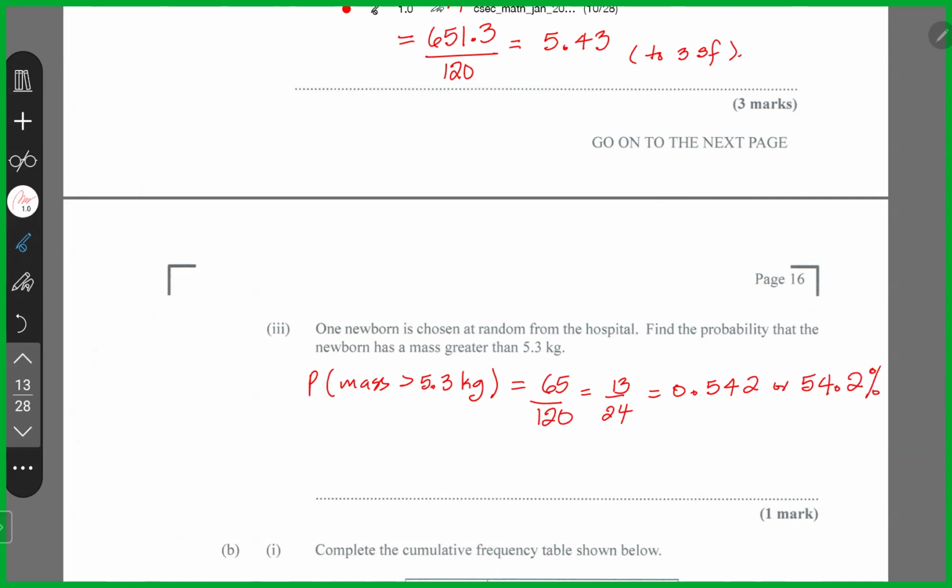You don't need to write all of that. You could have just stopped at 65 over 120 or 13/24. But whenever I talk about probability, I normally like to state them in percentages. So there's a 54.2% chance that if you select a newborn at random, that newborn would have a mass greater than 5.3 kilograms.